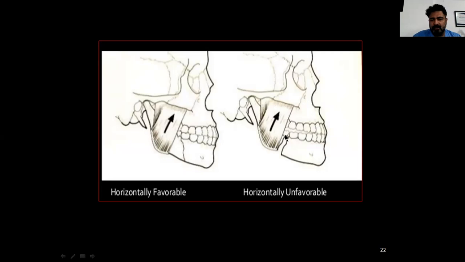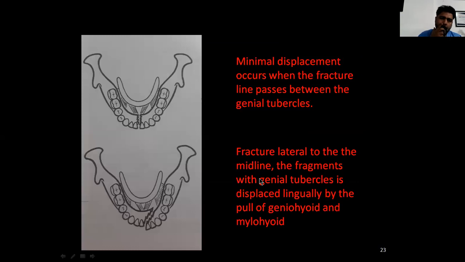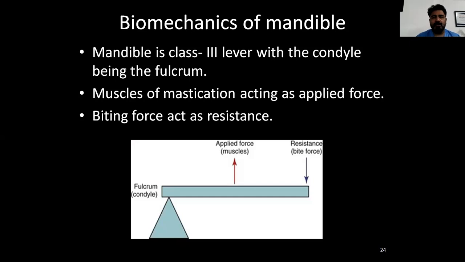And if it is like this and it is pulling away, then it is unfavorable. Minimal displacement occurs when the fracture line passes between the genial tubercles. A fracture lateral to the midline, with the fragment carrying the genial tubercle, is displaced lingually by the pull of the geniohyoid and mylohyoid muscles.